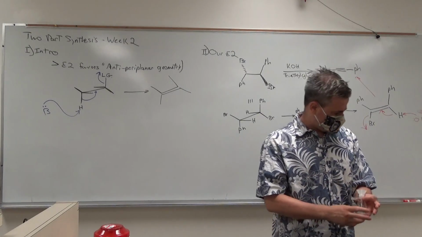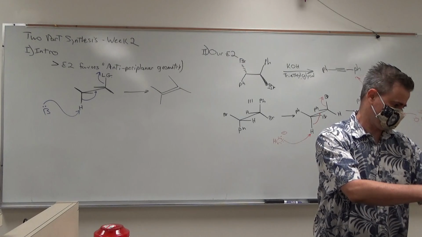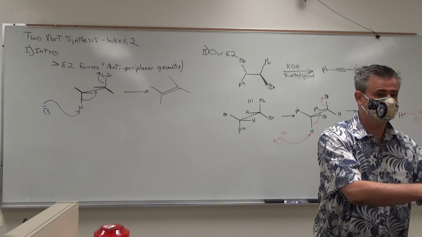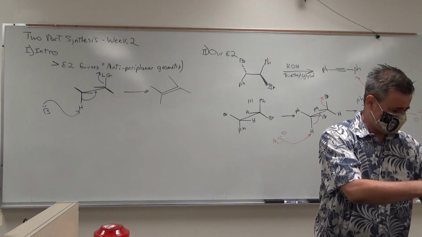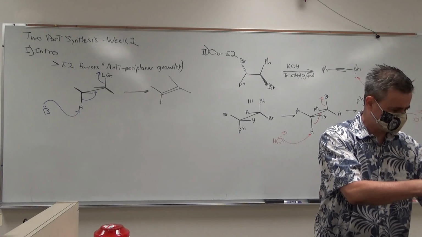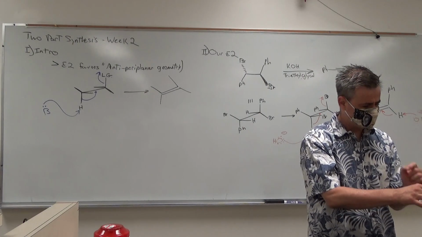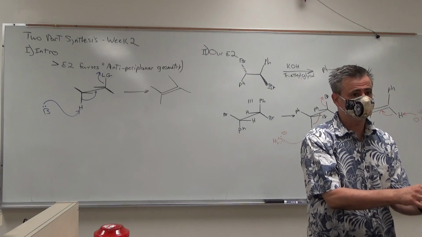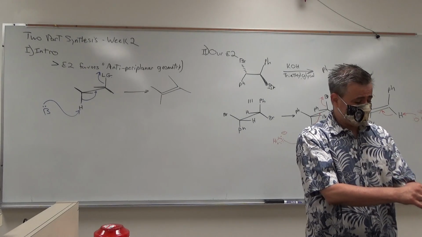If you leave it here and it's drying, the vacuum's pulling air through it, so it is drying. Leave it on there. I can't remember if the directions say it or not, but leave it on there to dry for maybe 5 minutes, okay?